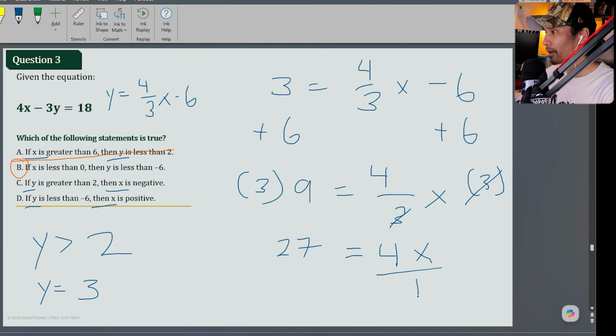And I'm going to divide by 4. And how many times can 4 go into 27? That is 6. So then 6 times 4 is 24, and then 27 minus 24 is 3. So I have 6 3/4.